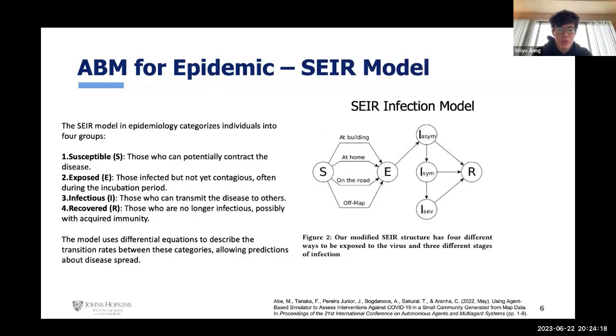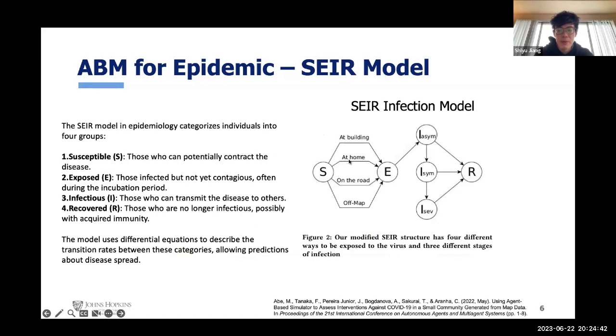So in this case, we are initializing 5,000 agents with two disease conditions: 10 agents will be assigned as exposed, and the rest of the agents will be assigned as susceptible. So they will have parameters of their disease condition.